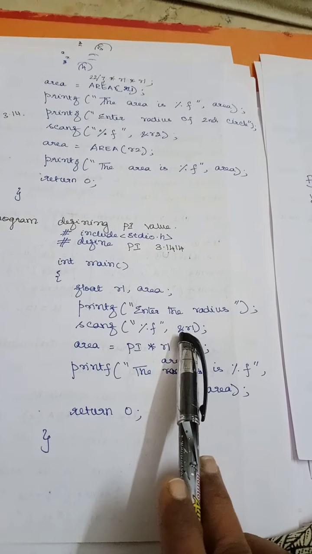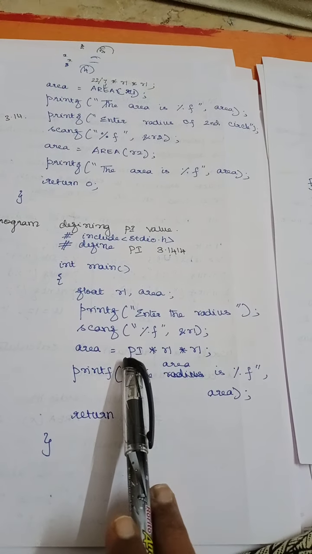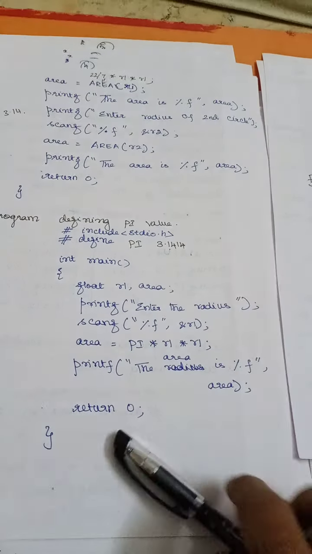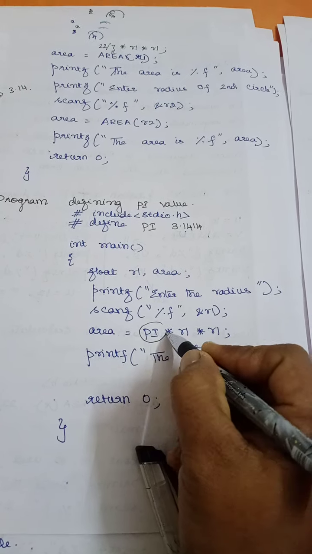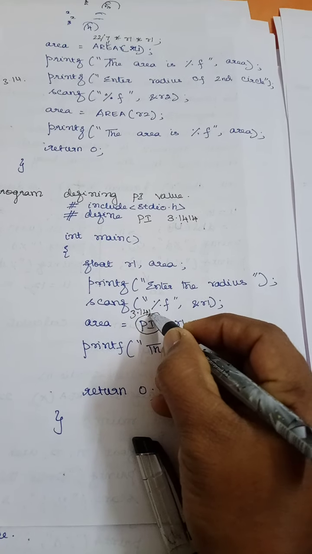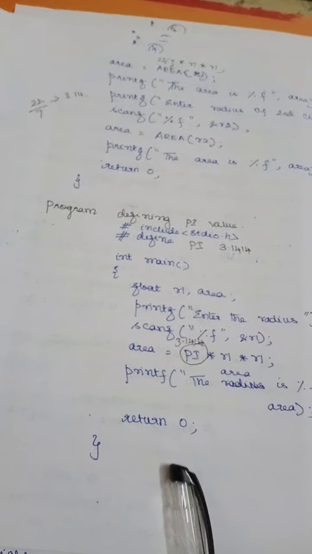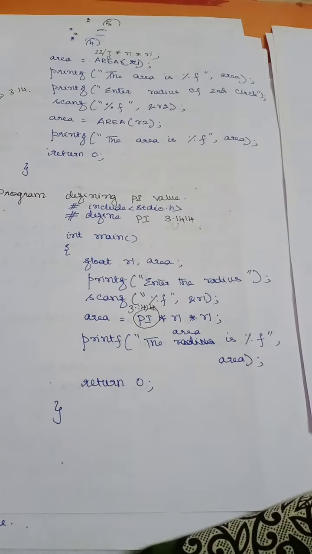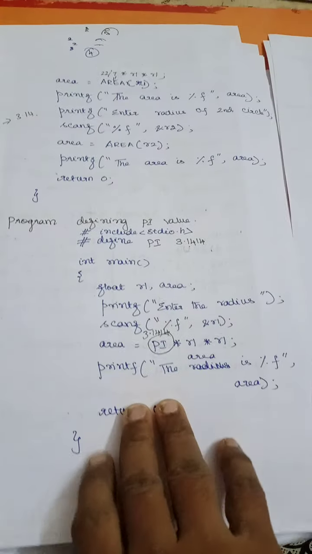I am reading the radius value. Wherever I have PI, in the place of PI, 3.14 will be substituted. So this is a macro substitution. In the place of this I am going to substitute 3.14 into r1 into r1. And then printing the area. Clear? Right.